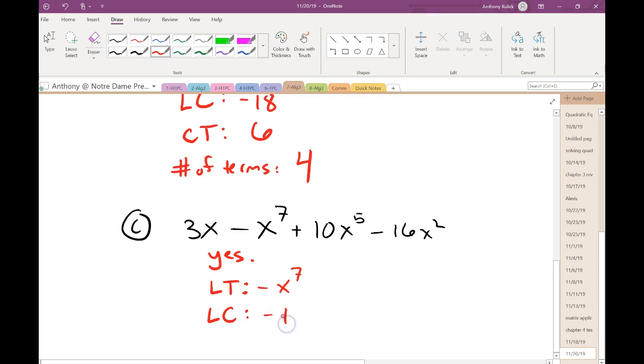Everybody good with that? Okay. What's the constant term? 0. Very good. Why is it 0? Yeah, you can think of like having just a plus 0 at the end of that, right? Oh, we forgot to do the degree. What's the degree here? That's 7, okay?